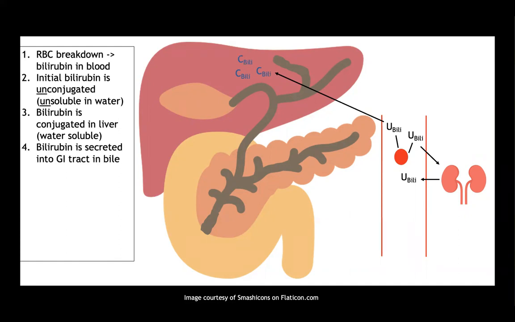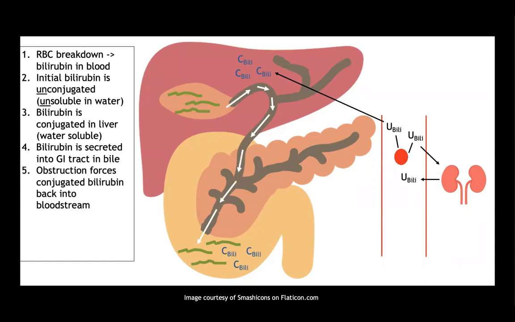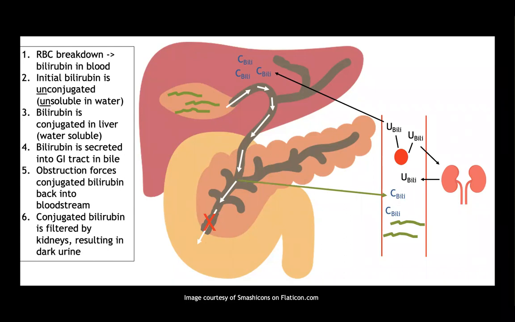Then that conjugated bilirubin is a component of our bile, as we've discussed, and this can get secreted into our GI tract. And ultimately, that's how you get rid of it. But if we have an obstruction, all that conjugated bilirubin can now get into our bloodstream. And this conjugated bilirubin is able to get filtered by the kidneys, and that'll result in dark urine.